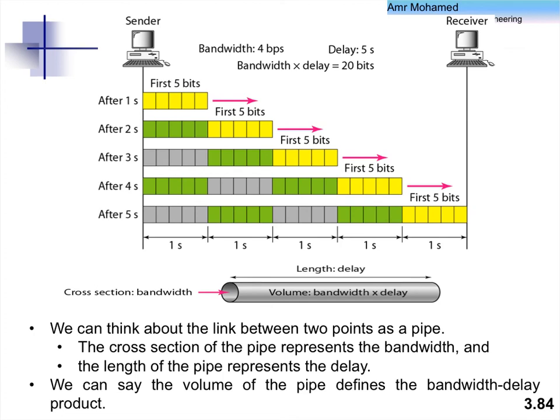Doctor, is the number of bits that can be transmitted over the pipe fixed, so that we cannot send more than, for example, 20 bits? It doesn't have to be fixed. Why? Because again, as we said, the delay is variable in nature. So in practice, this delay might vary. The delay might vary because of what? Because of the queuing time.